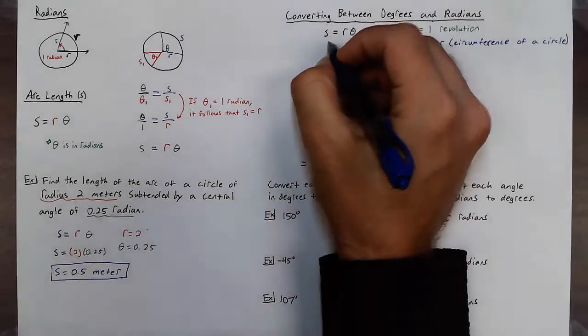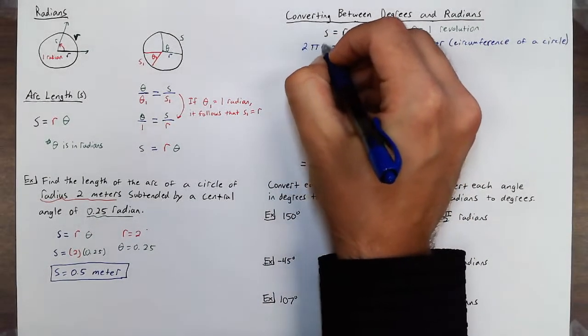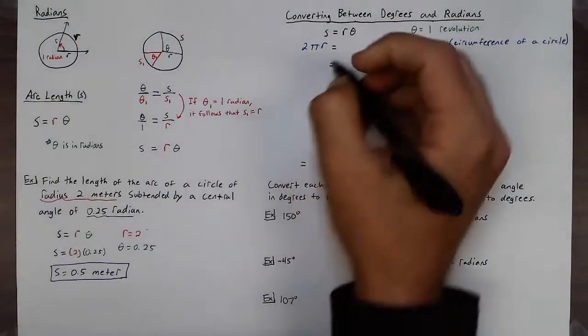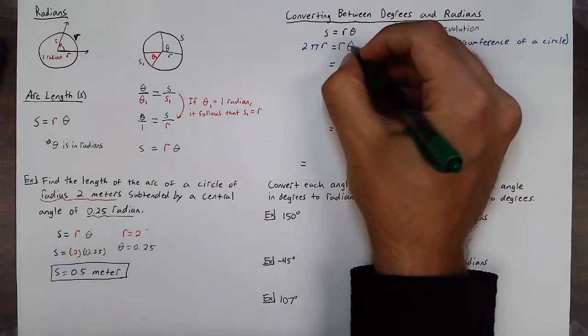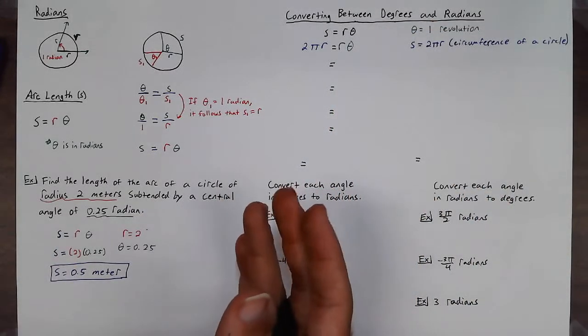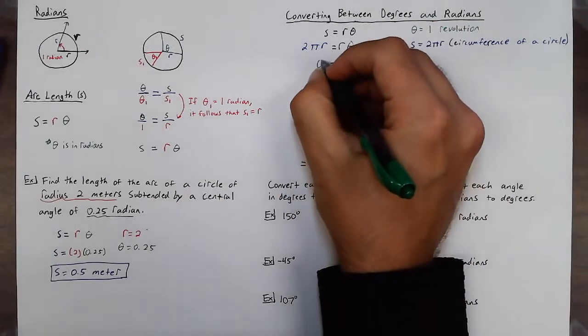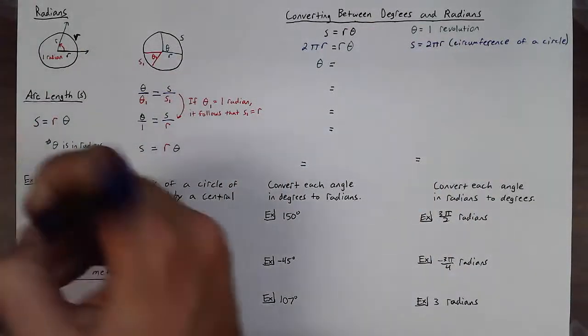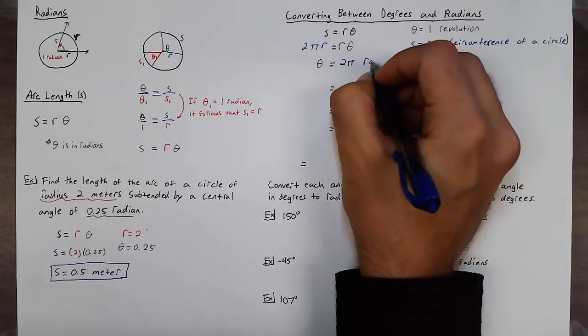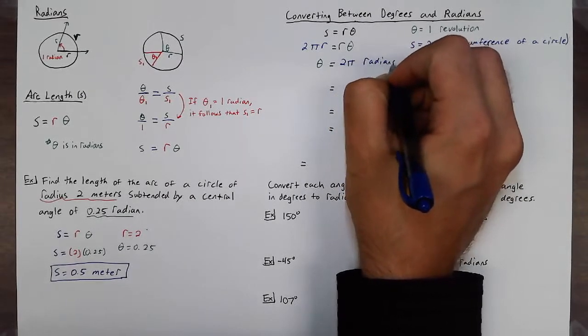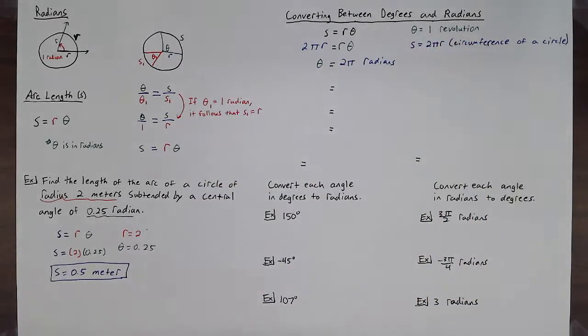So I can change S to 2 pi r, and then I'll have r times that theta, which represents a full revolution. Now, I can divide each side by r, giving me theta is equal to 2 pi. And this is radians. That angle is now equal to radians.